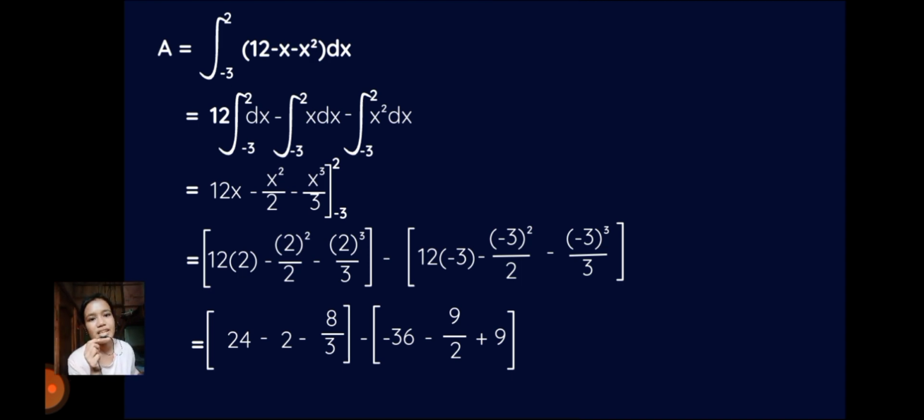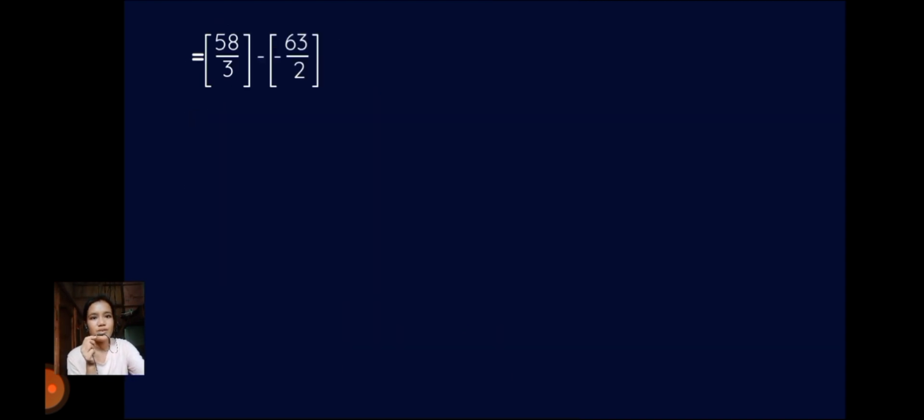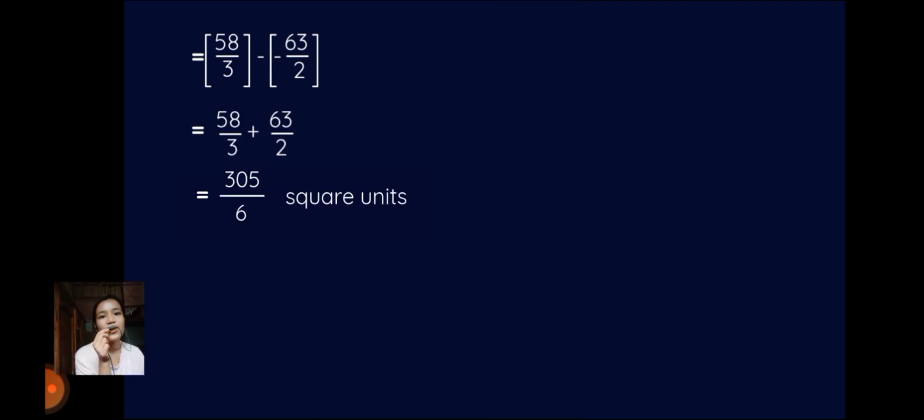After that, we solve. The result is 58 over 3 minus negative 63 over 2. So, 58 over 3 plus 63 over 2 is equal to 305 over 6 square units. And I guess that's all. Thank you and God bless.